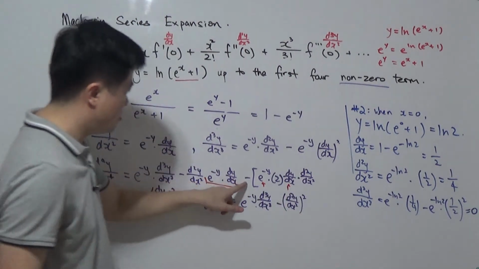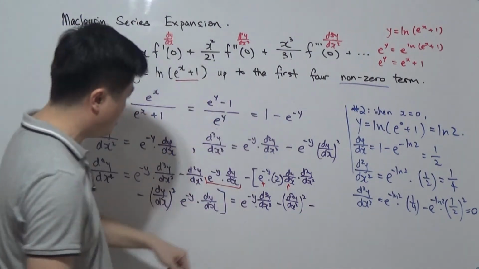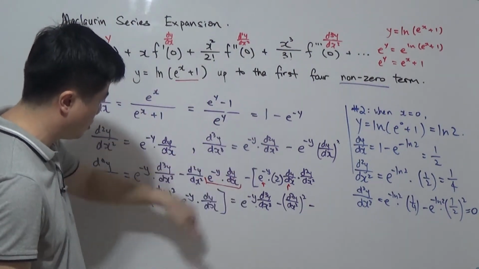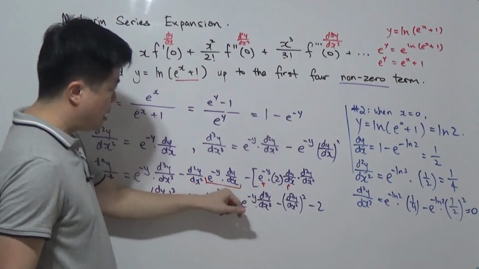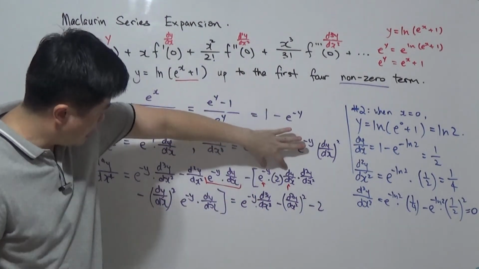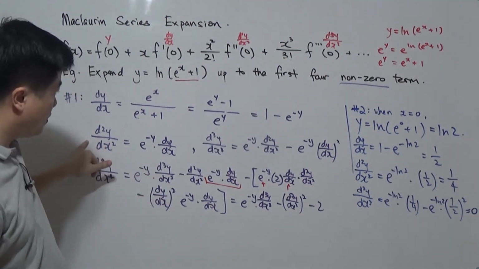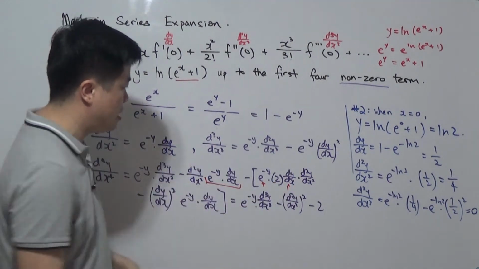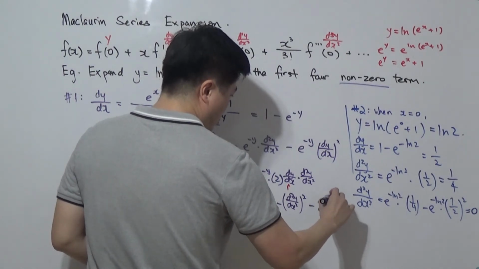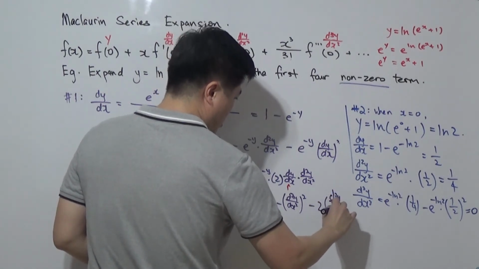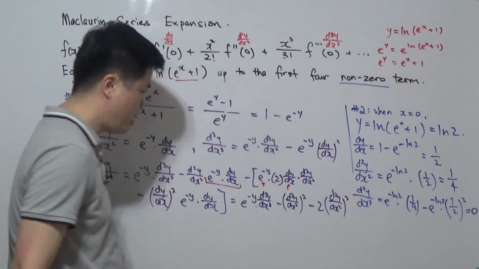Next up, we're going to have a minus. So we expand this a little bit as well. So we're going to remove the square brackets. We have a 2, so we're going to write a 2 here. And then this guy times this guy, again, is the d2y/dx². So multiply by another d2y/dx², that's going to give us 2 times (d2y/dx²) whole thing squared. Nice.